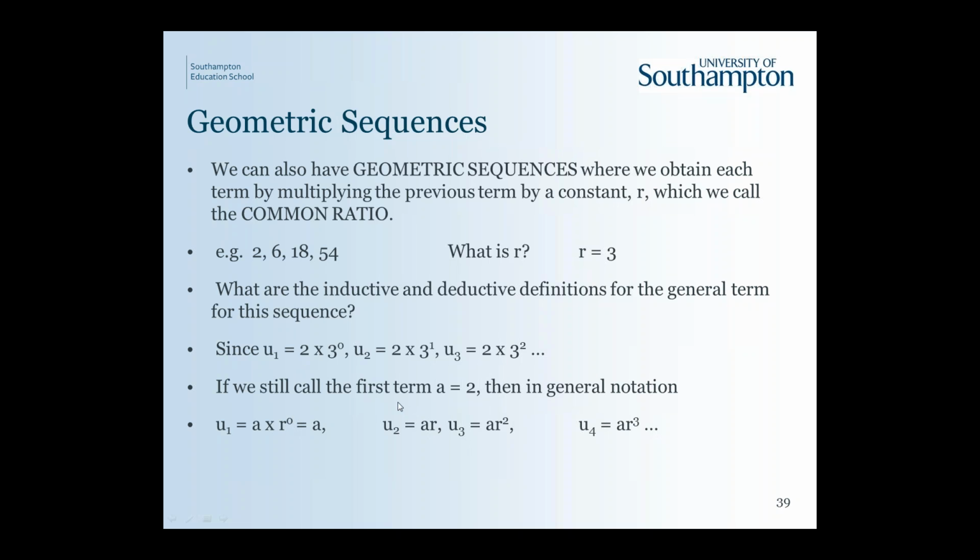So if you look at what's happening, when n is 1, sorry, these are the inductive definitions, which get us towards the deductive definition of un, the nth term is a times r to the n minus 1.